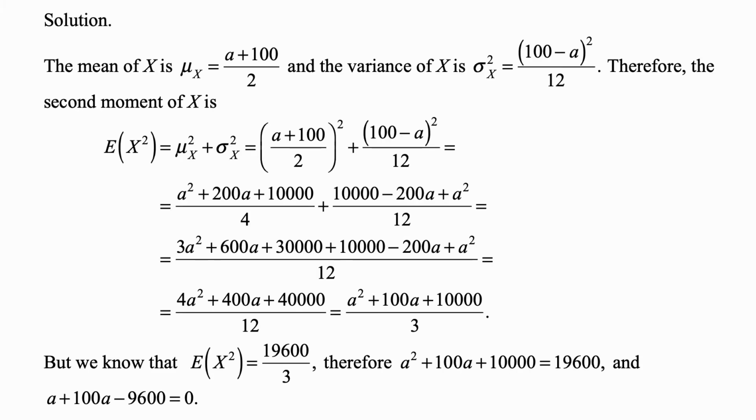And here's the solution. The mean of X is, and let's write mu sub x for it, A plus 100 over 2, the midpoint of the interval on which X has uniform distribution. And the variance of X is sigma x squared equal to (100 minus A) squared over 12. That's just the length of the interval on which X has uniform distribution squared divided by 12.